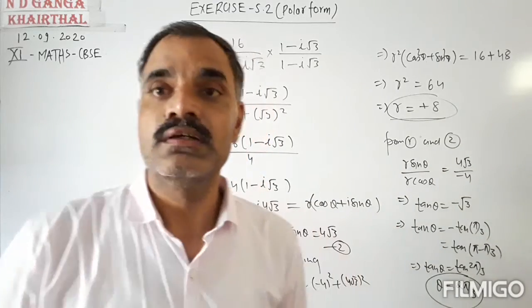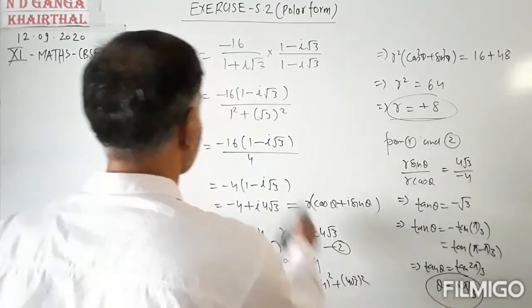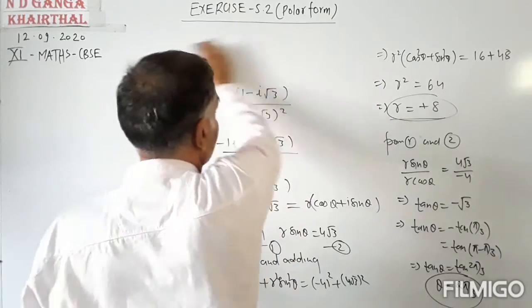Now we can put the given complex number in polar form.